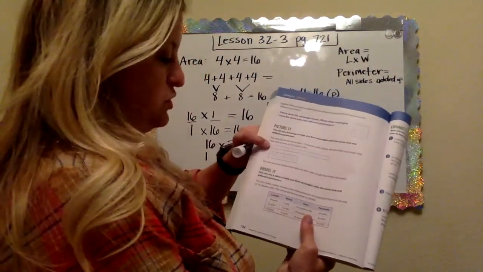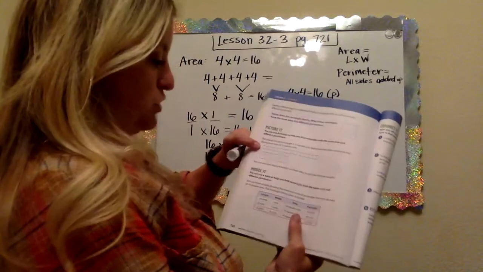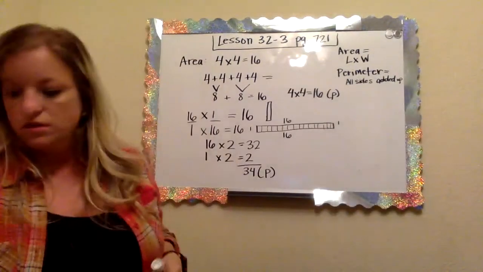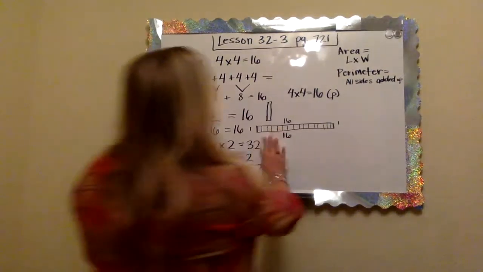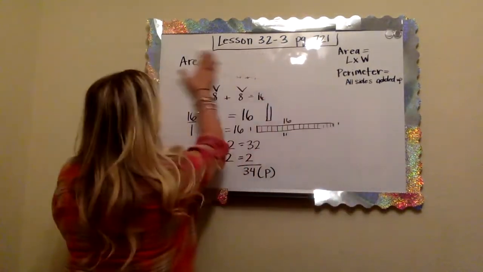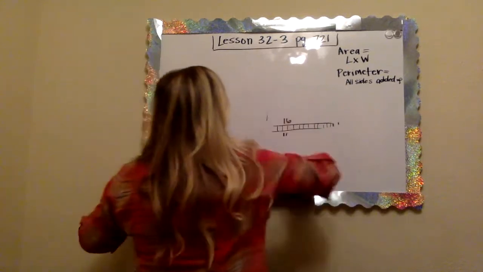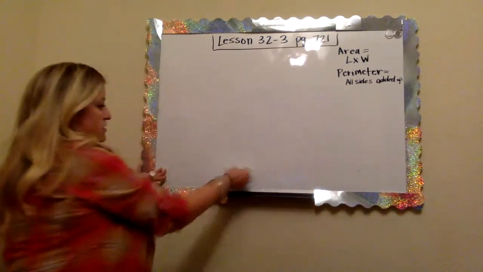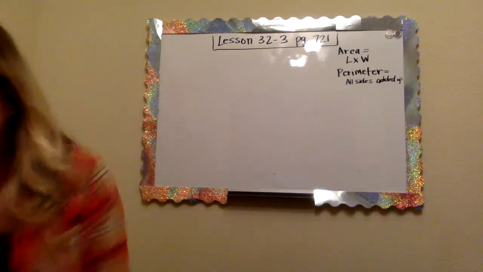You'd count to see that there's one group of 16. Here there's two groups of 8. So the answer for number 1 is to count the squares. That's how you're going to find the area in those different shapes.